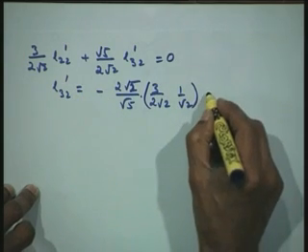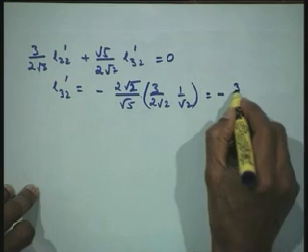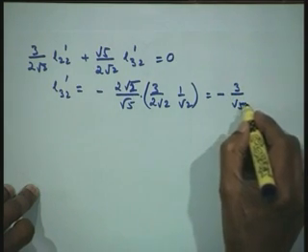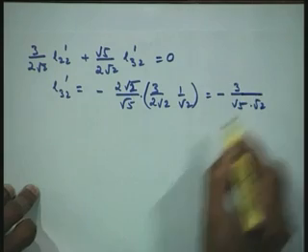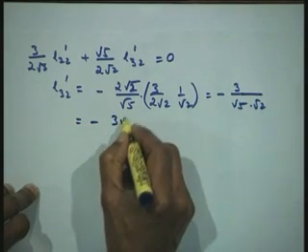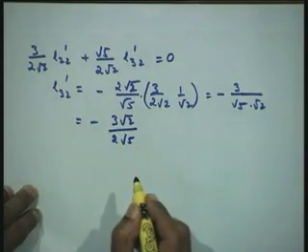So, this gives us minus 3 by root 5, 2 root 10 into root 2, let us write it root 10, right. Or let us write it as 3 root 2 by 2 root 5.